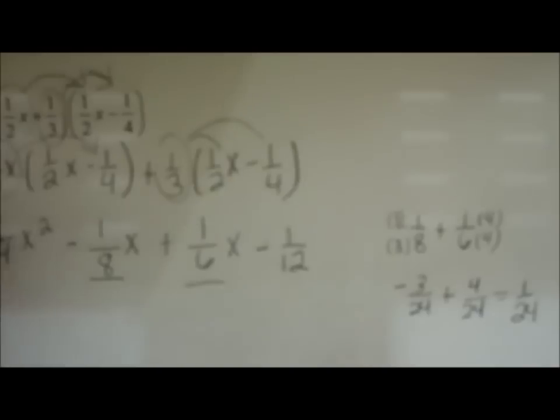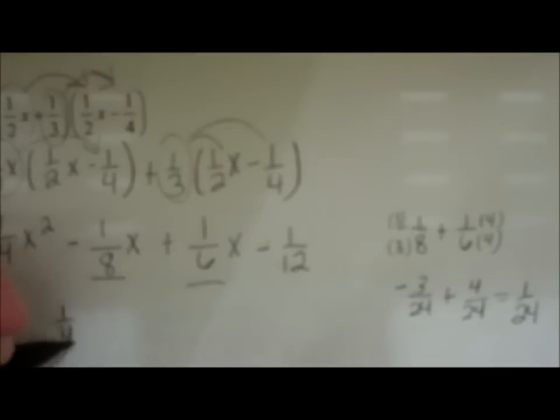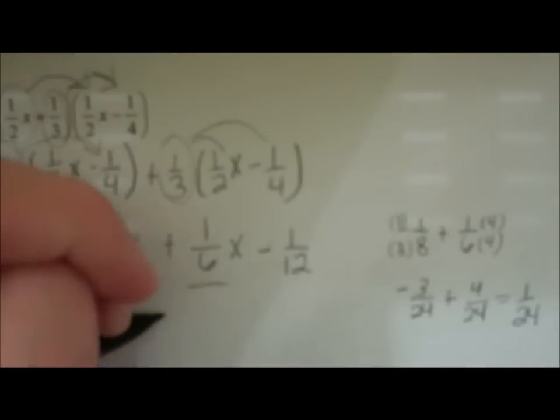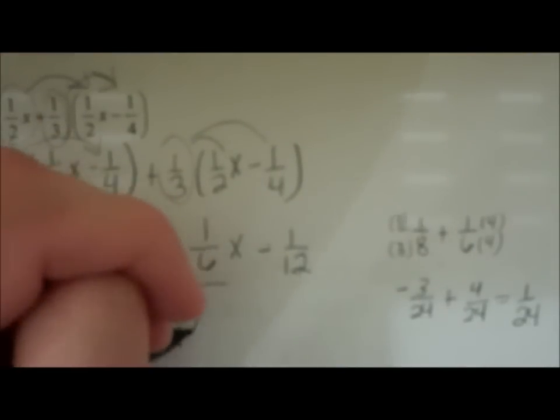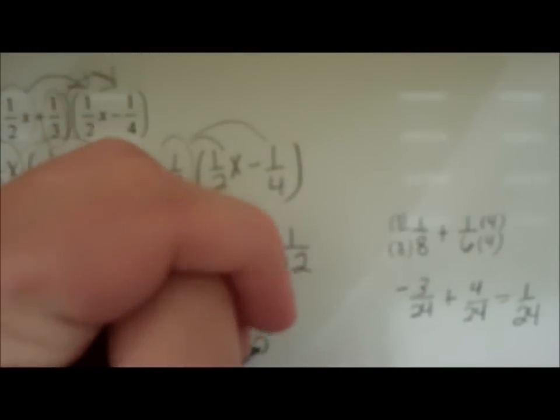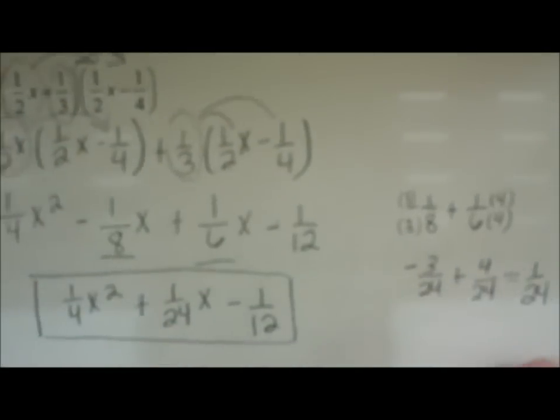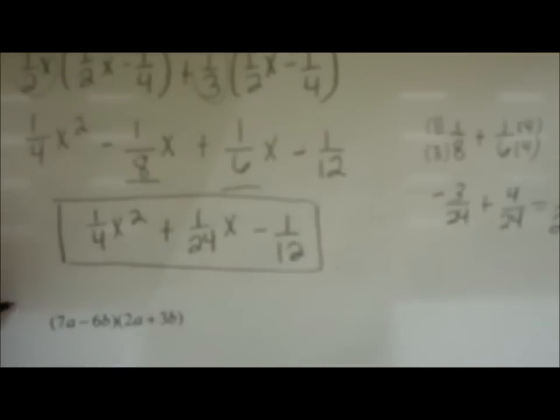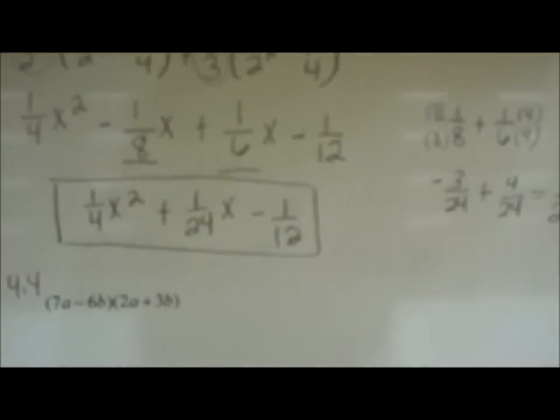So I come back over here, I rewrite the first one, 1/4 x squared, because there's no other like terms. I combine these like terms, which I did over here, and I ended up with positive 1 over 24x. Then I still have the minus 1 over 12. That's 23.